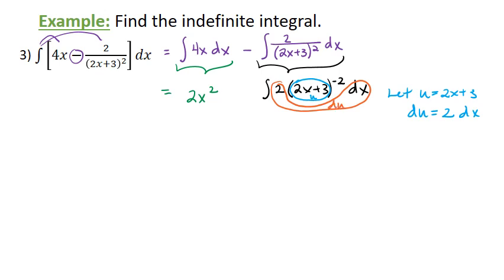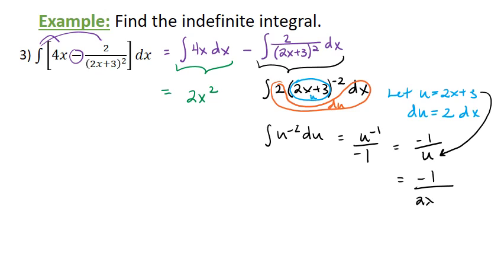So this becomes the integral of u to the negative power of 2 du, which then becomes u to the negative power of 1 over negative 1, which is negative 1 over u. So all of this should be rewritten with the x in it, so negative 1 over 2x plus 3.